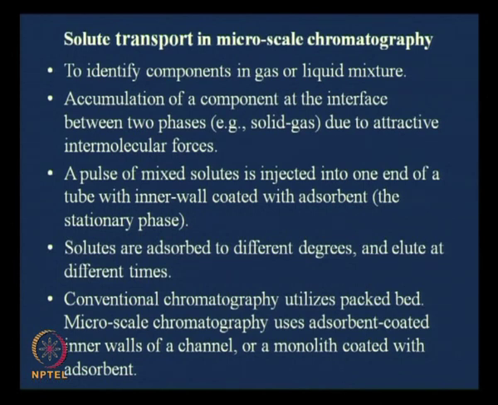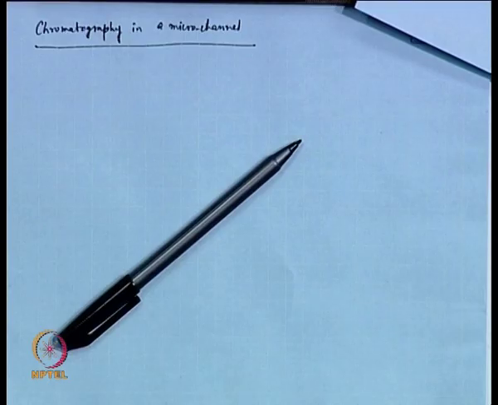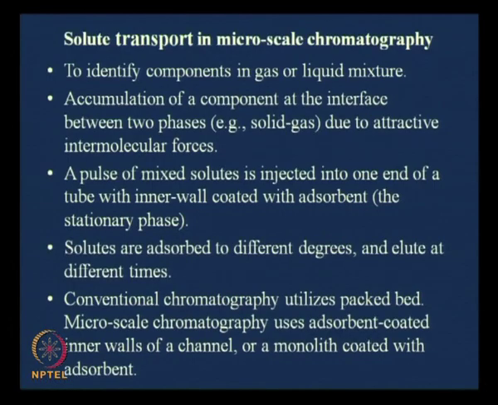Accumulation of a component at the interface between two phases, such as solid and gas, due to attractive intermolecular forces. Where are you getting these two phases? You have a tube or a non-circular channel, and the inner wall of the channel is coated with an adsorbent material.